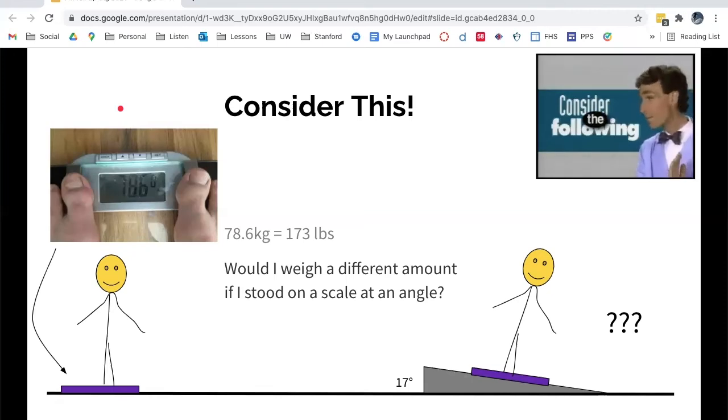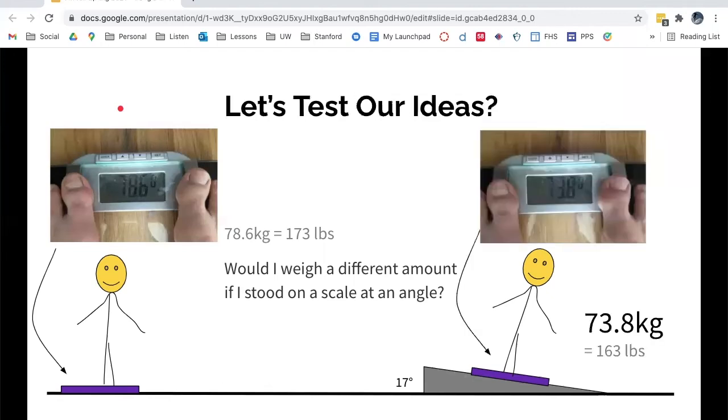Well, I wasn't sure. And so I tested it out. I got my scale and I set it up on a ramp. I laid it up against the stairs and I did the same thing. And what I found was that I ended up weighing a lot less. Well, maybe not a lot. I ended up weighing a little bit less.